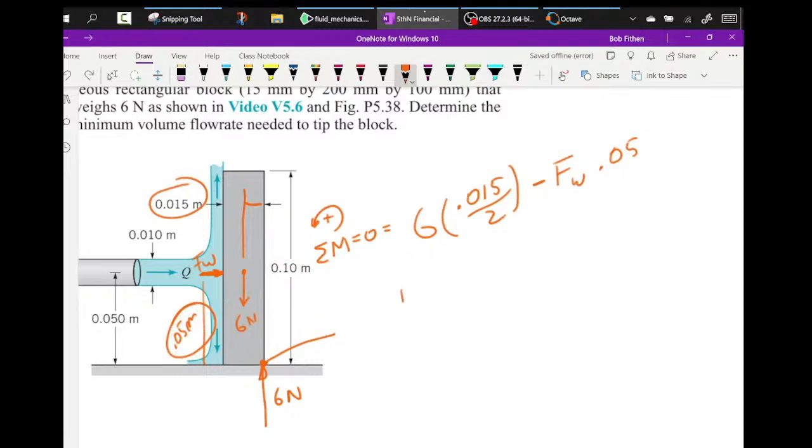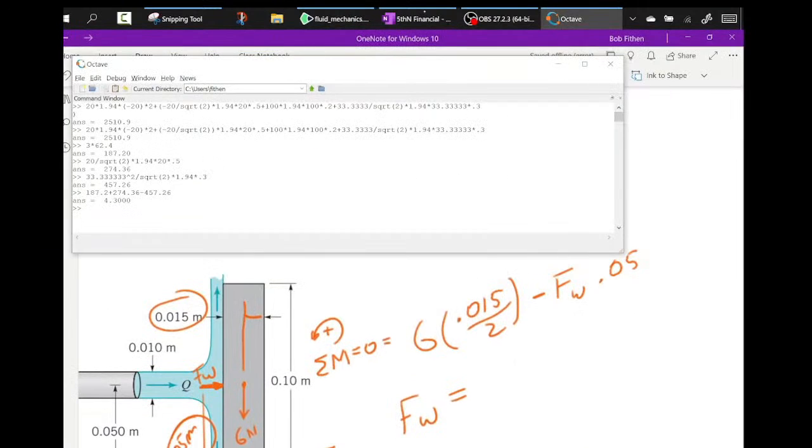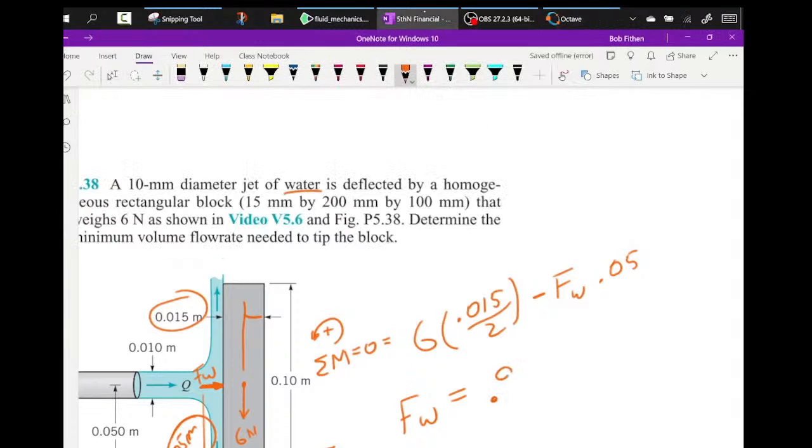And so the force of the water has to be equal to, wrong thing. Let's move this down so that I can find, okay. 6 times 0.015 divided by 2, and then divide that by 0.05, 0.9, about 0.9.